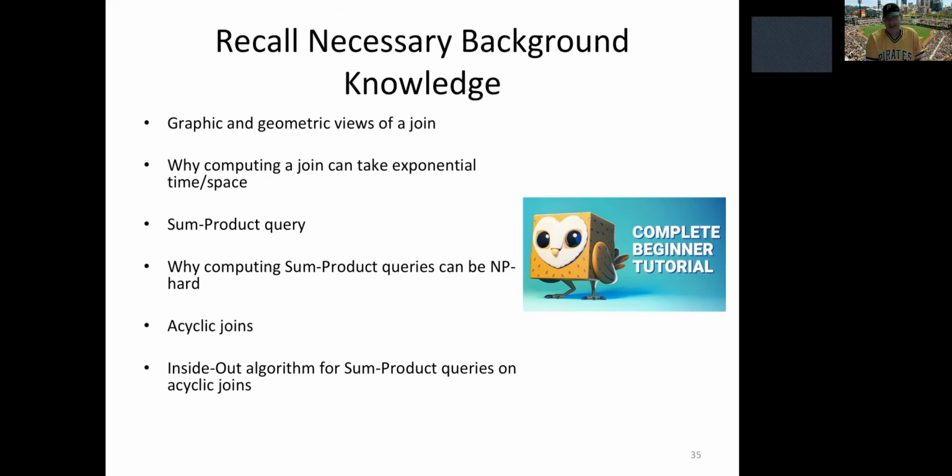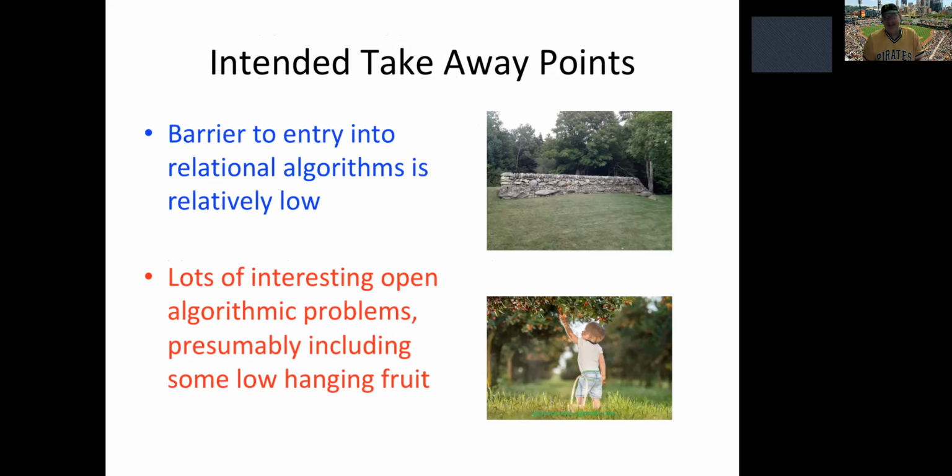So that was pretty quick, but these are the background knowledge one needs to start working in the relational algorithms area. I probably should have put this up earlier, but the takeaway is that the barrier to entry to start developing relational algorithms is relatively low.